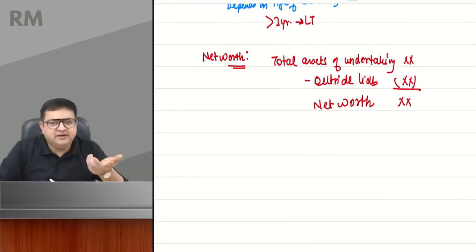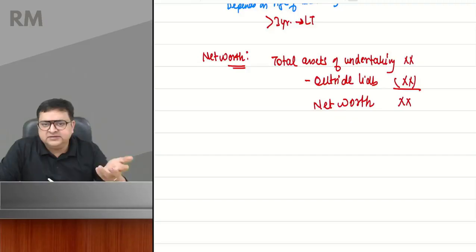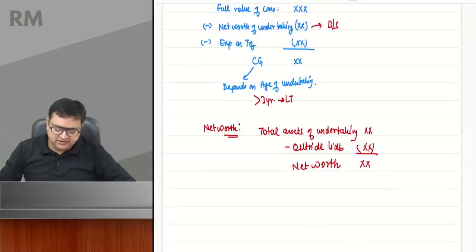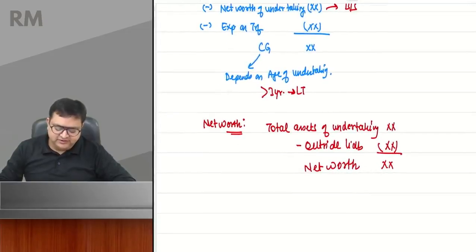What is outside liability? See, whatever is shareholders fund, that is internal. So share capital, reserves and surplus, etc., that you should not exclude. Outside liabilities are like creditors, bills payable, whatever is the external people. Creditors, bills payable, bank loan, debentures, right? So these are actually the outsiders. So net worth is total assets minus outside liabilities.